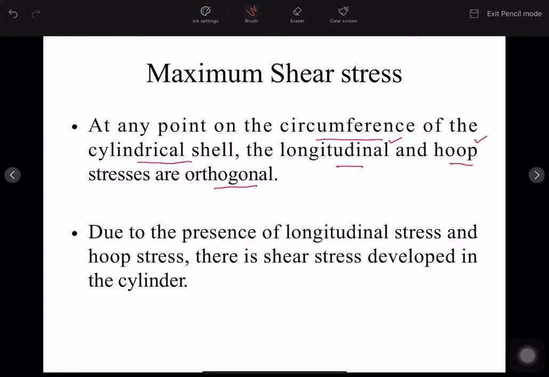Because of these stresses, a new stress will be developing called shear stress. Generally it is denoted by the symbol tau.